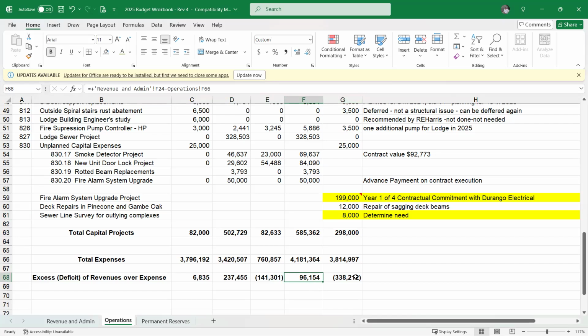And with everything we've tallied up, if we leave the owners' assessments exactly where they were last year, we'd have a deficit of 338,212. So that would become the gross dollar increase in assessments for 2025.